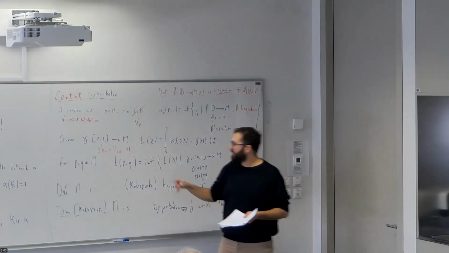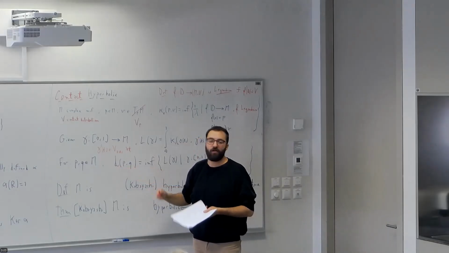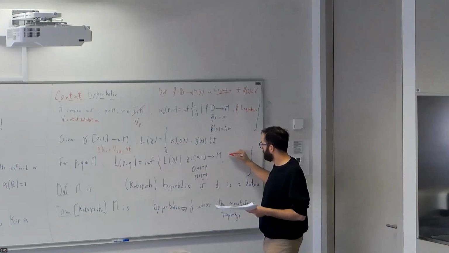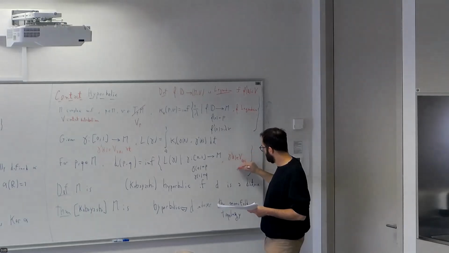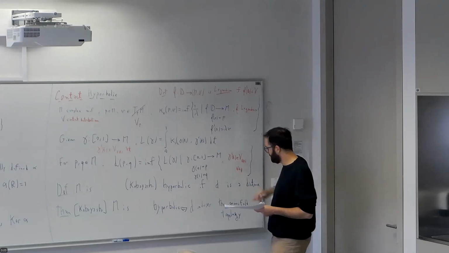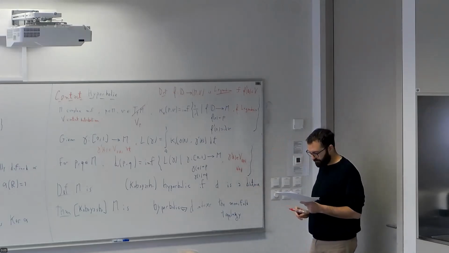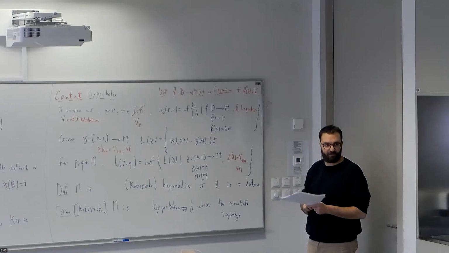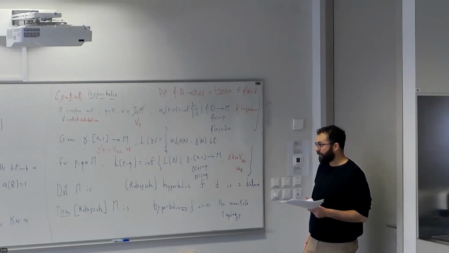And now for two points in the manifold, I define the contact distance between them as the inf over all curves satisfying this property. Is it clear? Yes. So this is a theorem by Chow.